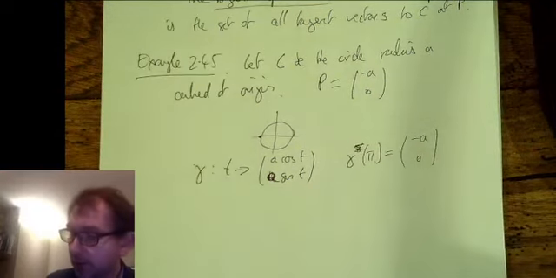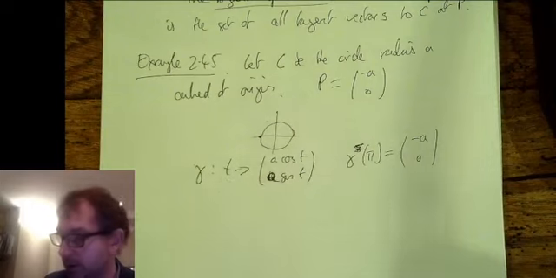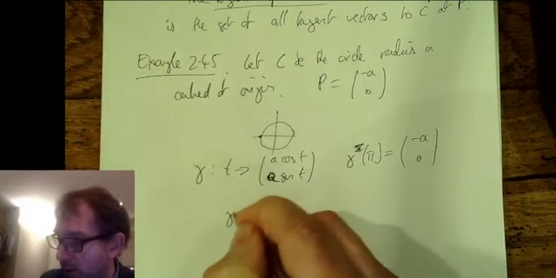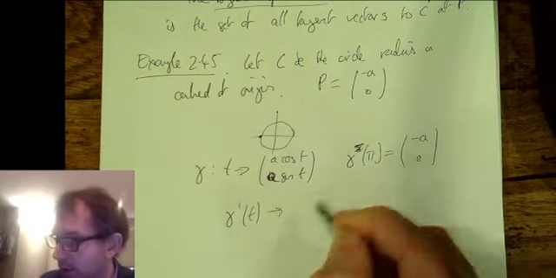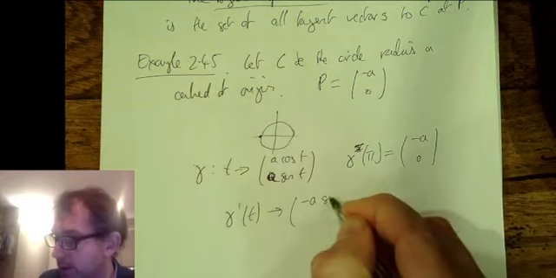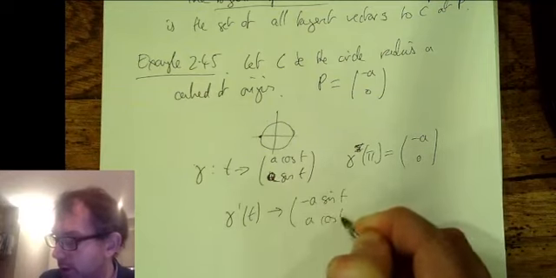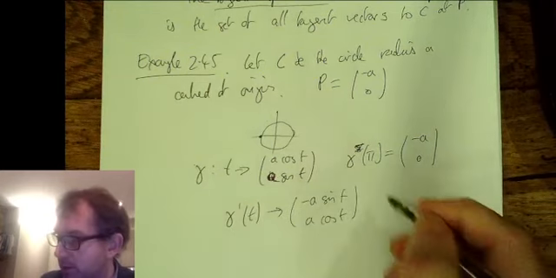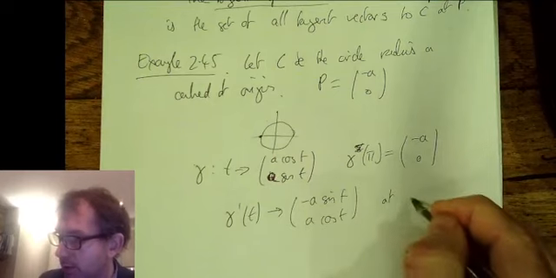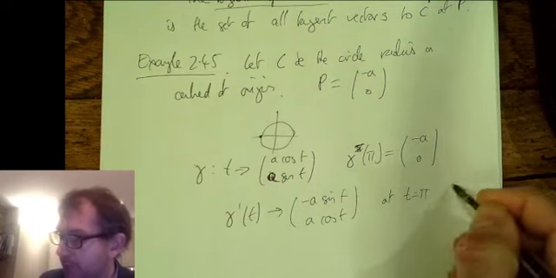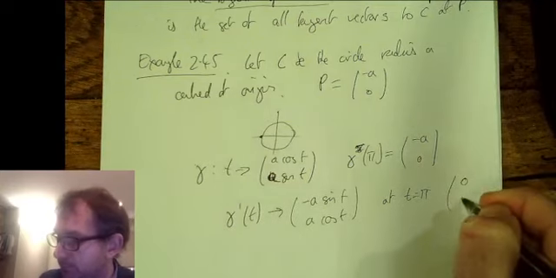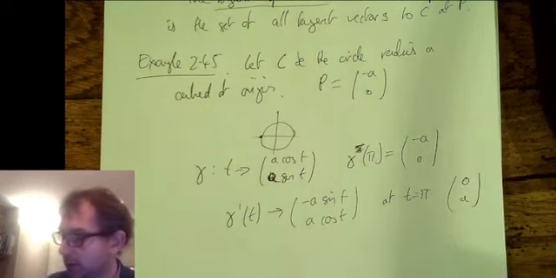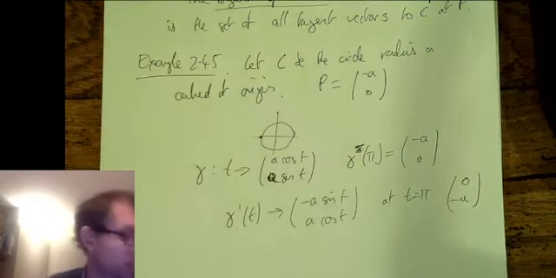Let's use that to work out the velocity vector that we get from this parameterization. If we differentiate, as we have already done in the previous question, we get (-a sin t, a cos t), and then at t equals pi, we get (0, -a). So that is indeed a vector going downwards.